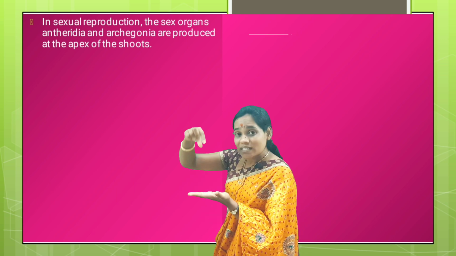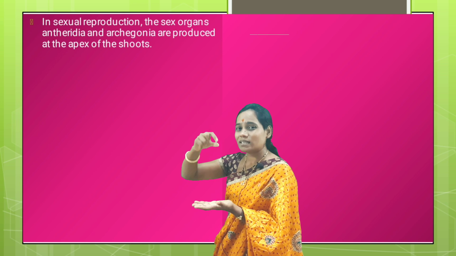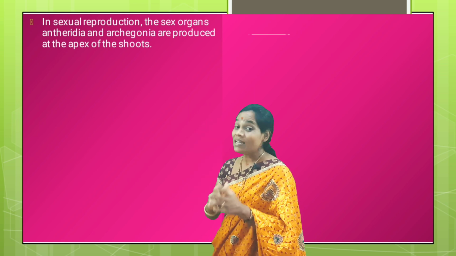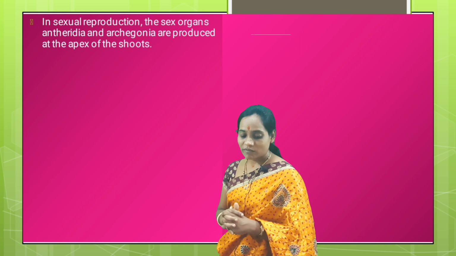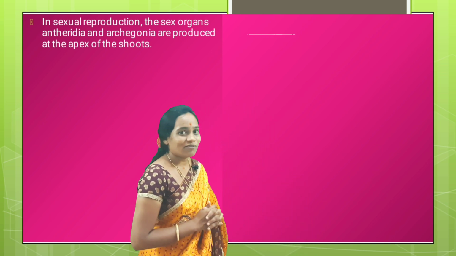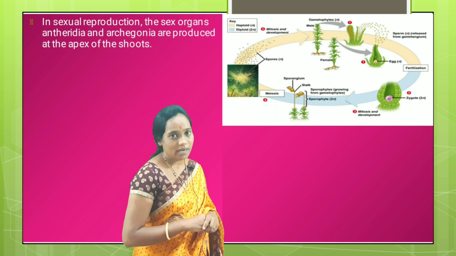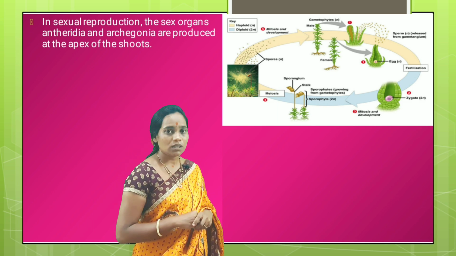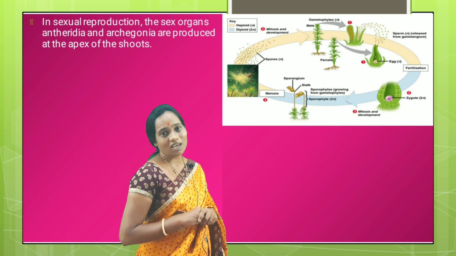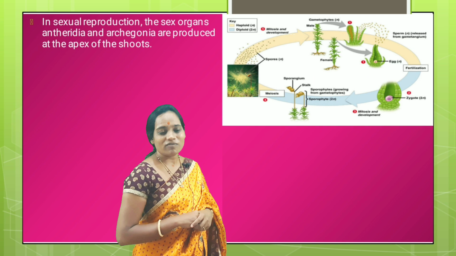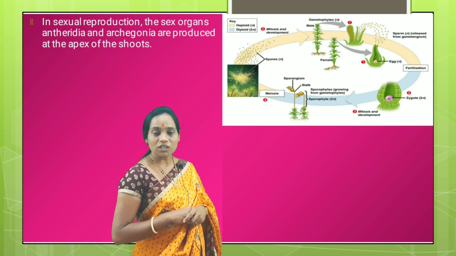At the tip of the slender axis, or the shoot apex, the sex organs are produced, which can be seen in the figure where the gametophytic plant body produces the antheridium and archegonium at the tip of the shoot apex.